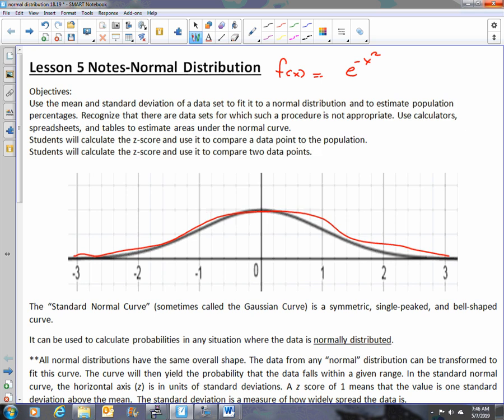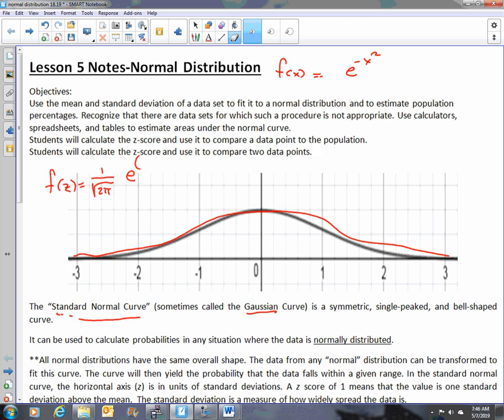and this one is actually called the Gaussian curve or the standard normal curve, and its actual functional statement is f of z is equal to 1 over the square root of 2 pi times e to the negative x squared over 2. I'm sorry, that's negative z squared over 2.